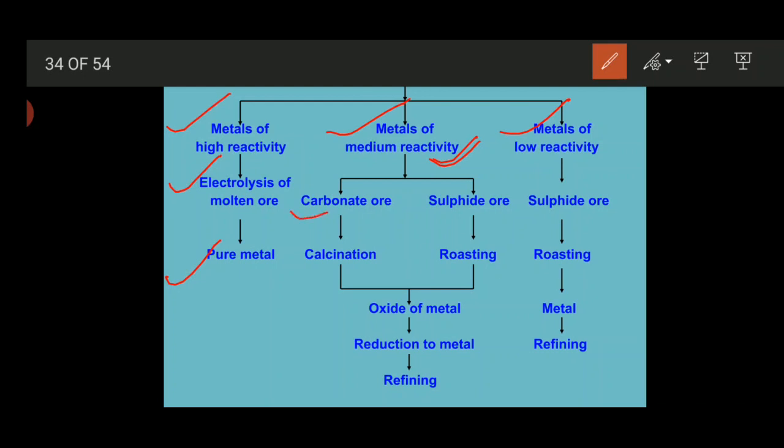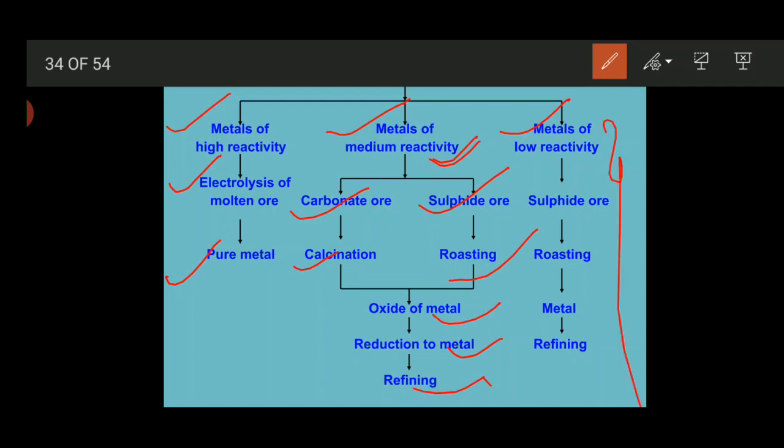For carbonate ore, we do the calcination process, and for sulfide ore, we do the roasting process. After that, the conversion is done, meaning the carbonate ore or sulfide ore gets converted into the oxide of the metal, and then the reduction process takes place with the help of other elements like carbon, aluminum, etc. And at last, the refining method is done.